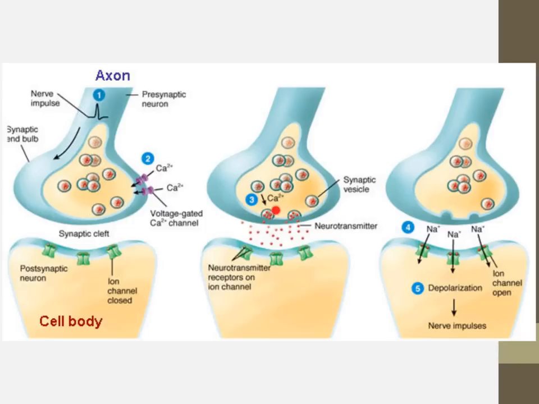That causes them to be released via exocytosis. Then they passively diffuse across the synaptic cleft. The neurotransmitters then bind with receptors on the postsynaptic neuron, and that starts a nerve impulse in the postsynaptic neuron. These neurotransmitters then need to get pumped back into the cell to get ready for the next impulse.